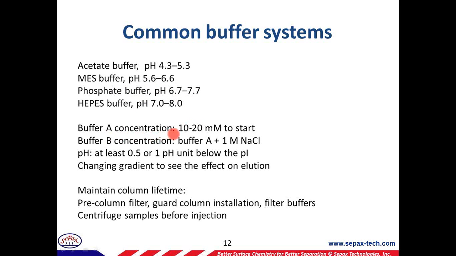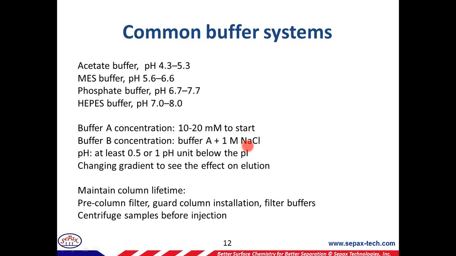To start out, you can choose a buffer A concentration of 10 to 20 millimolar. For buffer B, you can keep buffer A and add 1 molar salt. You can always change the salt concentration in the B buffer depending on initial screening results.